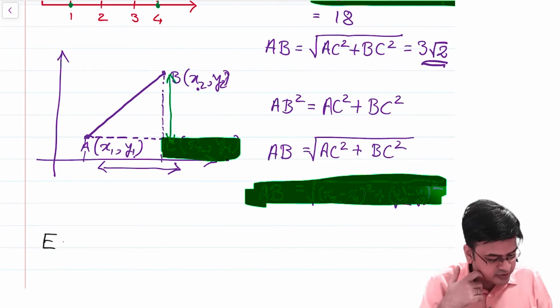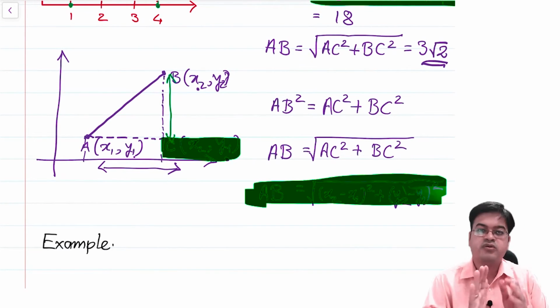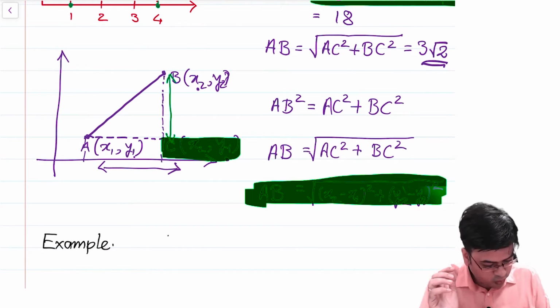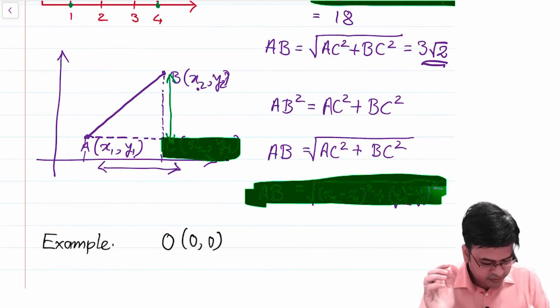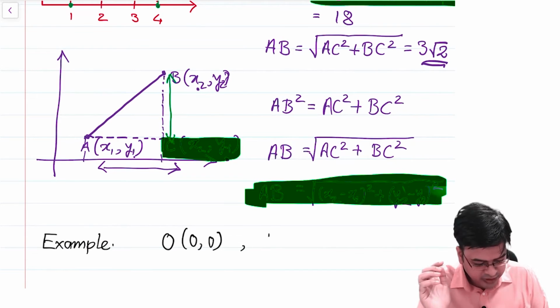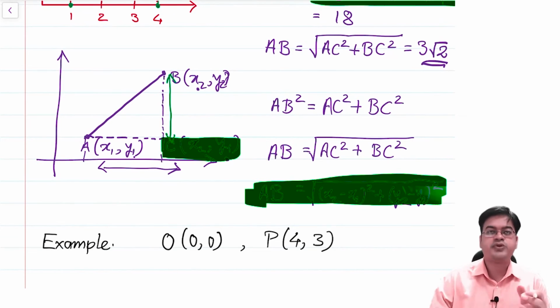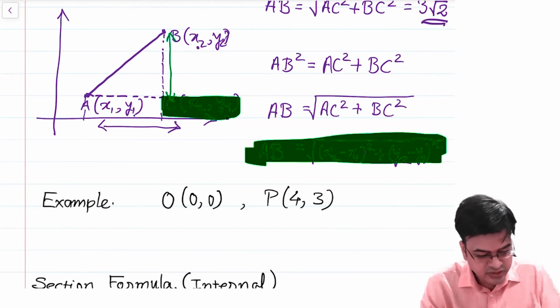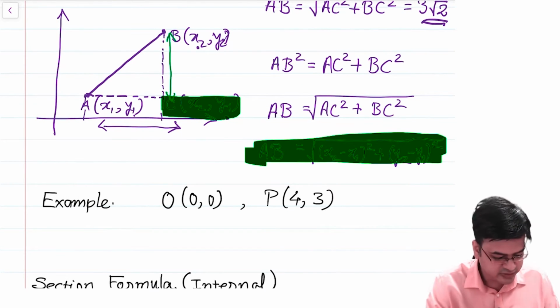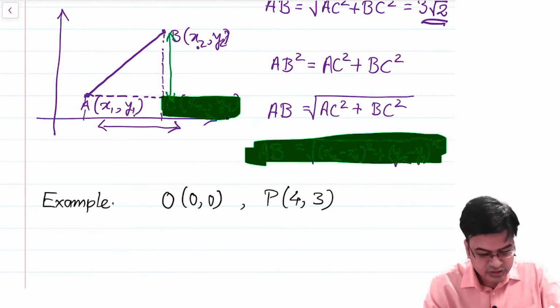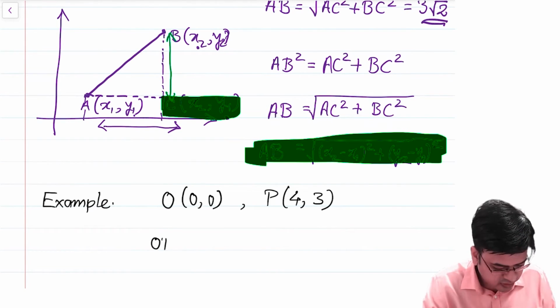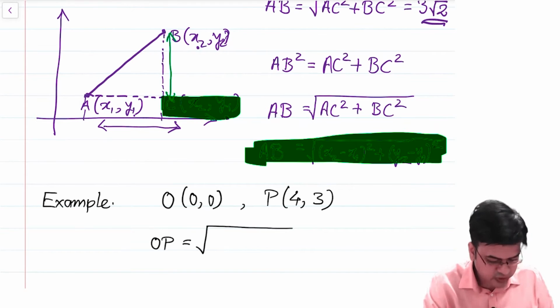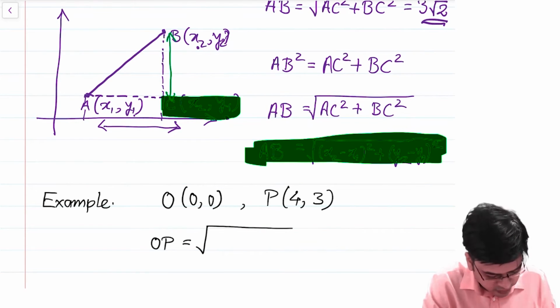So here is an example. For simplicity, let us take one point to be the origin. So let it be O, which is (0, 0), and let the other point be P, which is say (4, 3). And you are asked to compute the distance between these 2 points. How will you compute? That essentially reduces to a very simple formulation: OP is equal to the square root of, so let me write this in the form of x1, y1.